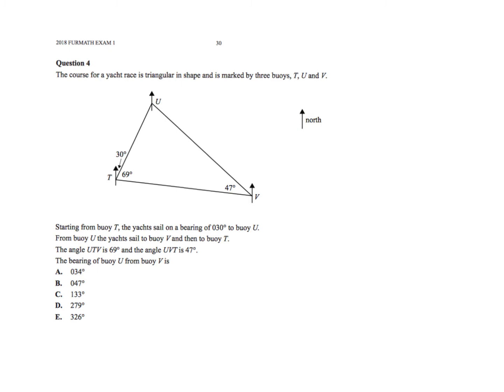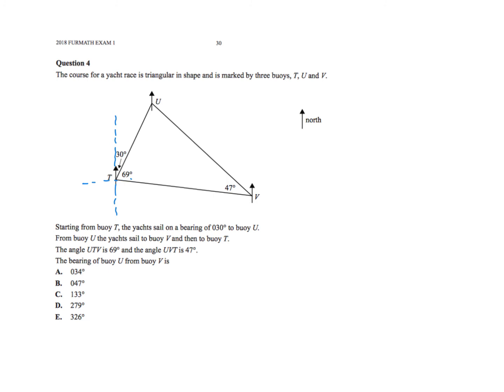Okay, this next one, the course of a yacht race is in a triangular shape and marked out by the buoys T, U, and V. The starting buoy T sails on a bearing of 30. So they probably not like extending it up as much as we might like to do. So we've got that.